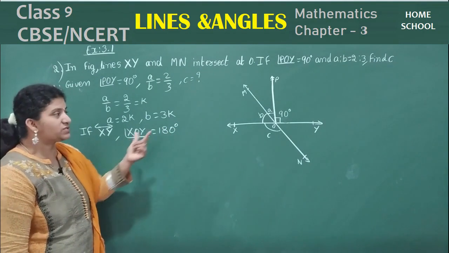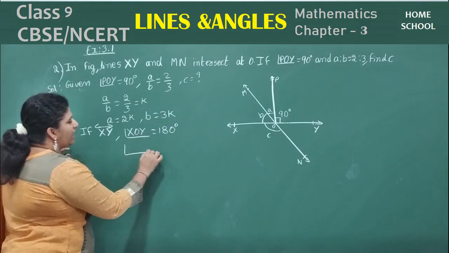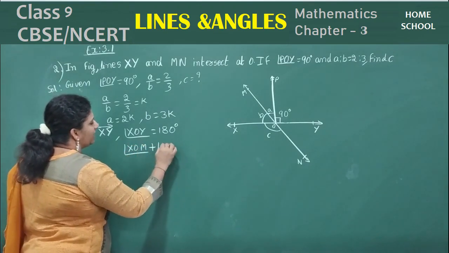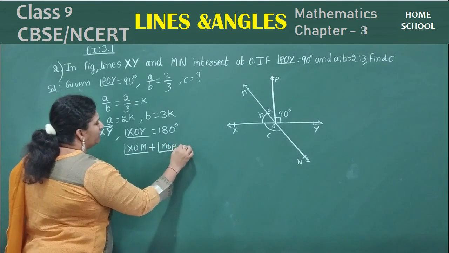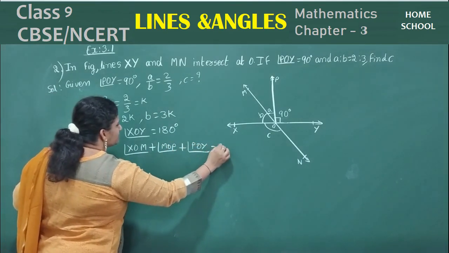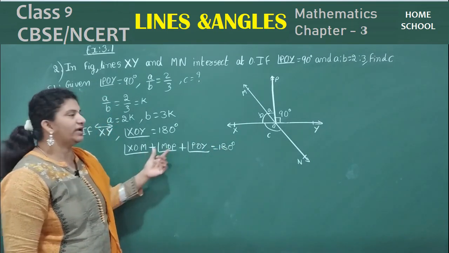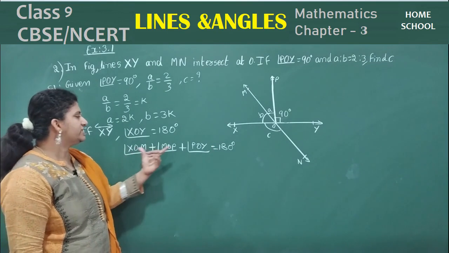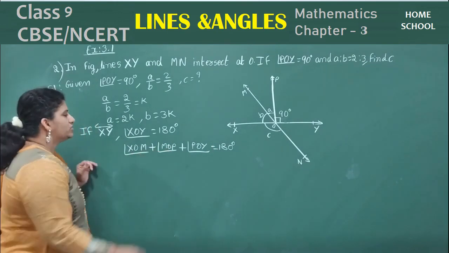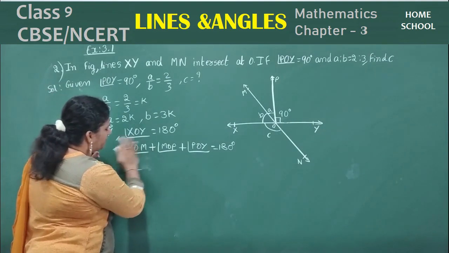But angle XOY, I can split it as angle XOM plus angle MOP plus angle POY is equal to 180 degrees. Right? If you want, you can take the straight line, or you can take only these two, equal to 90, also. So now what I can write here, angle XOM.